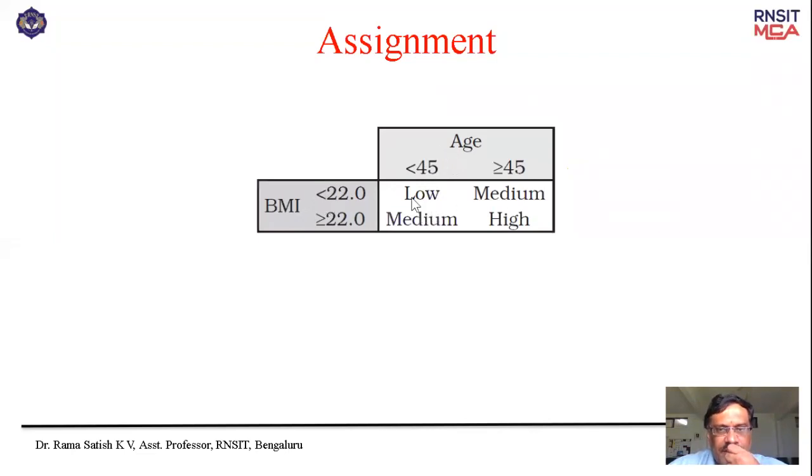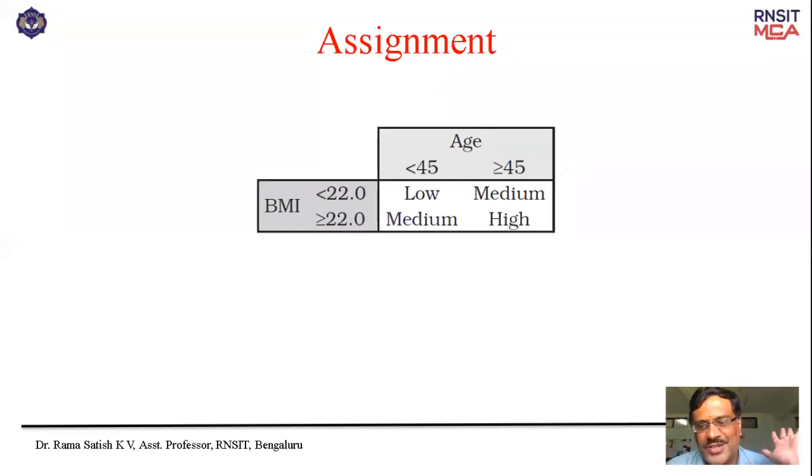If your BMI is less than 22 and your age is greater than 45, medium. If your BMI is greater than 22 and age is less than 45, it is medium. If your age is more than 45 and BMI is equal to or more than 22, you have high risk of heart attack.